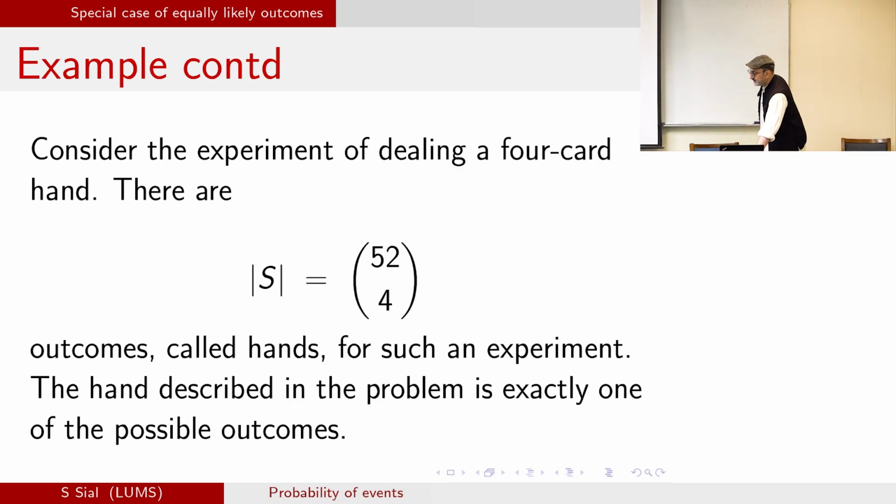The general rule is, when you have equally likely outcomes, finitely many outcomes, the probability of B is the number of outcomes in B divided by the number of outcomes in your sample space. B is the event of getting exactly that one particular hand dealt to you. So there's only one element in B. All the possible outcomes are 52 choose 4-card hands.